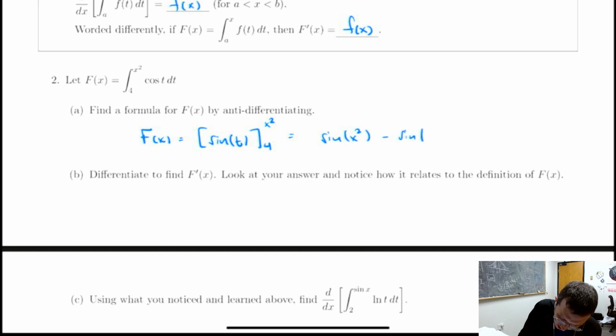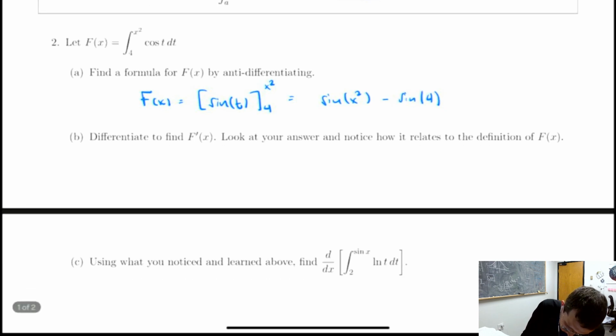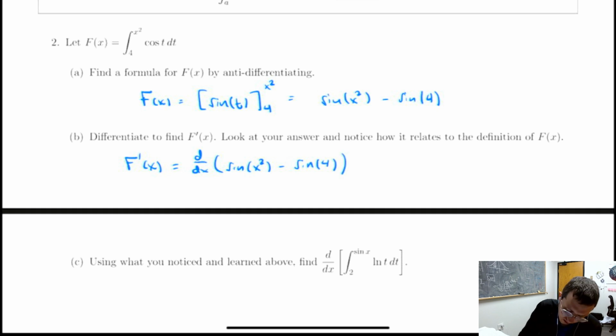And subtract. Now capital F prime of x is the derivative of sine of x squared minus sine of 4.